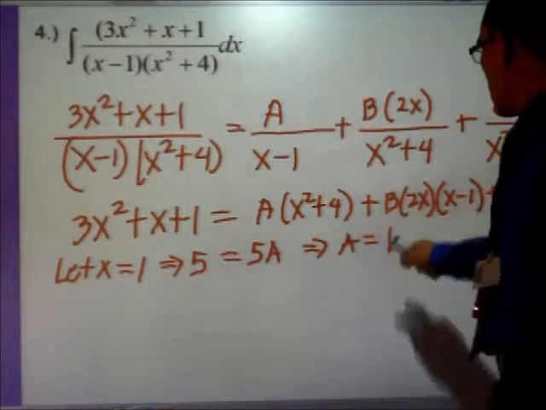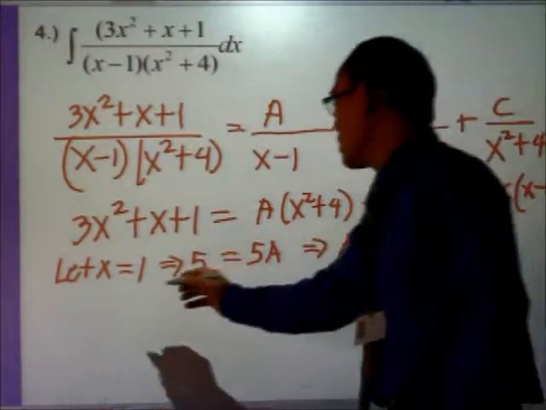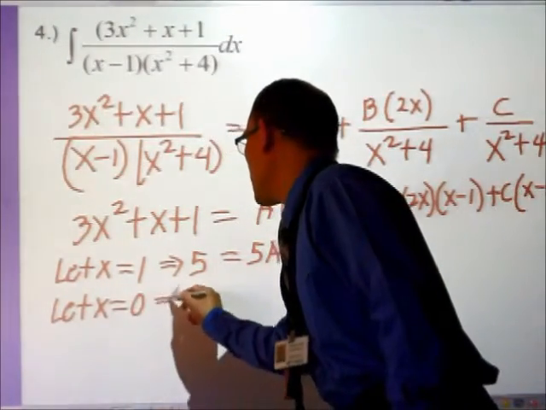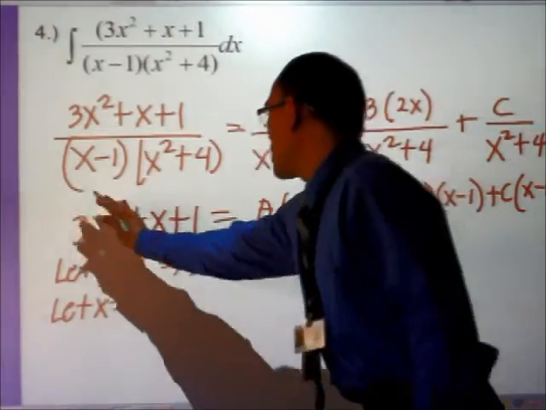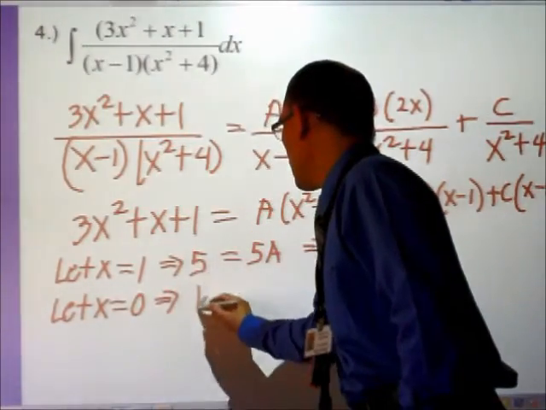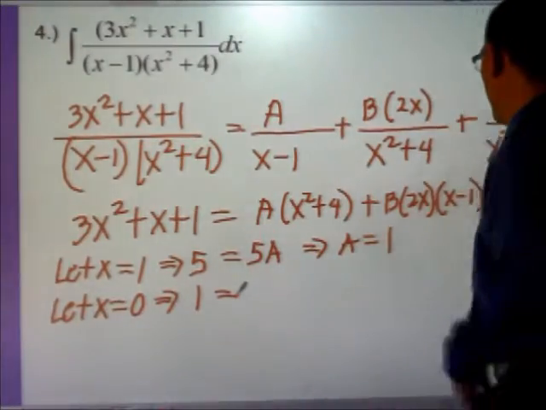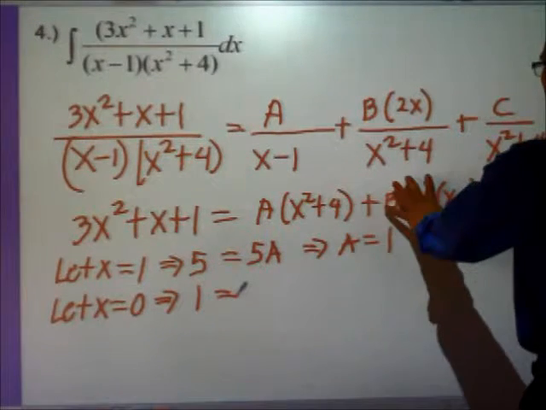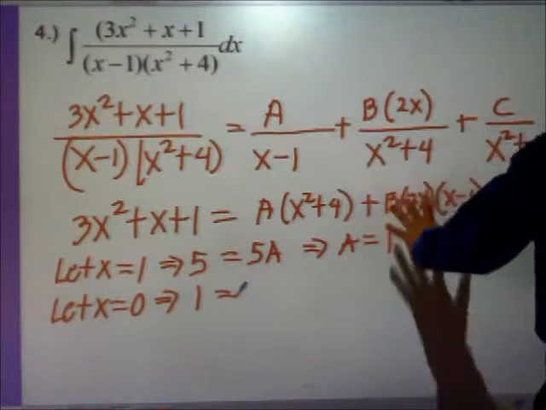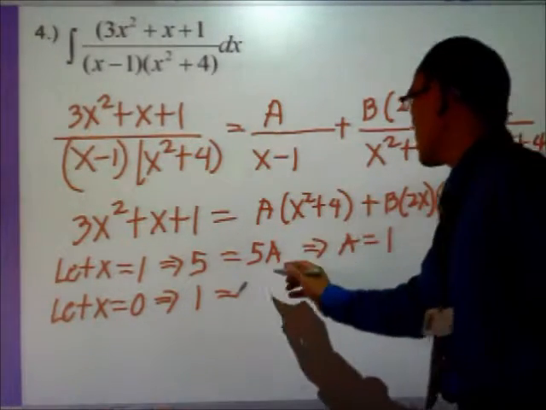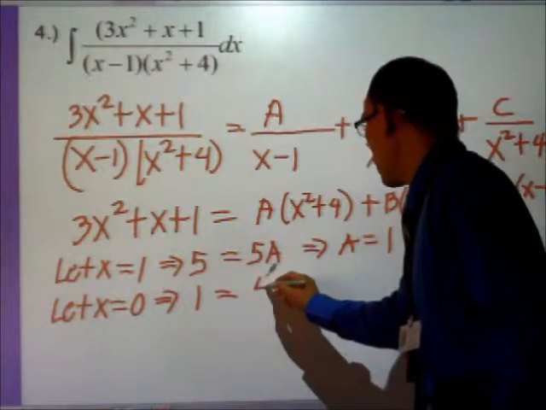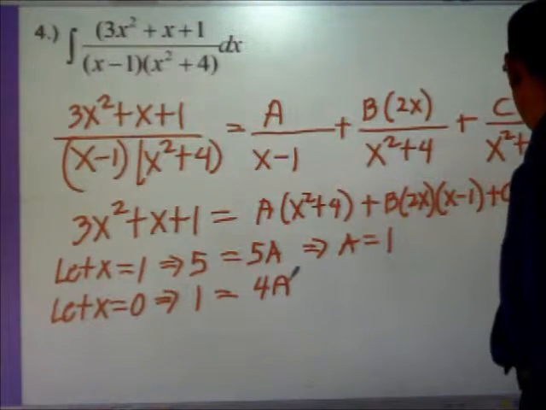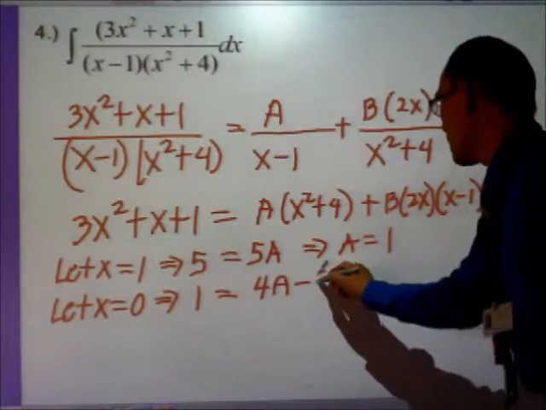Maybe x equals 0. I can let x equals 0. That means if this is 0, this is 0, it's only 1 equals, this term here is 0, this term here is 0, that means this is 4a, and this becomes minus c.